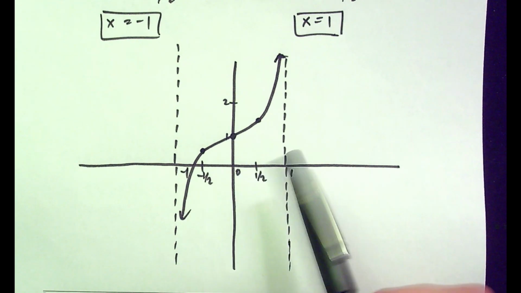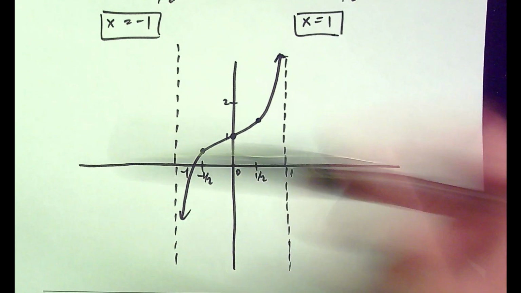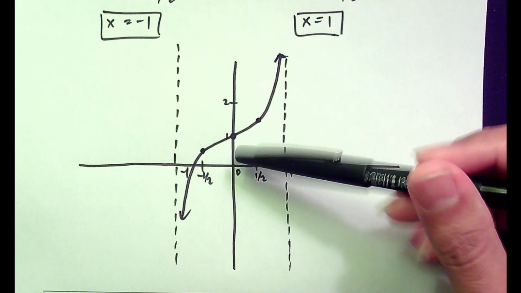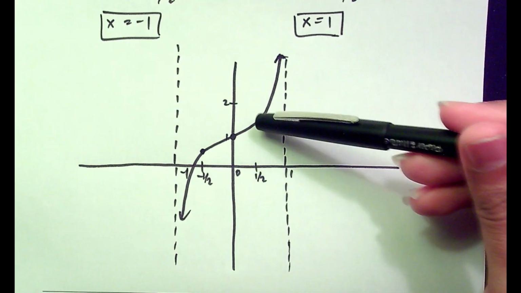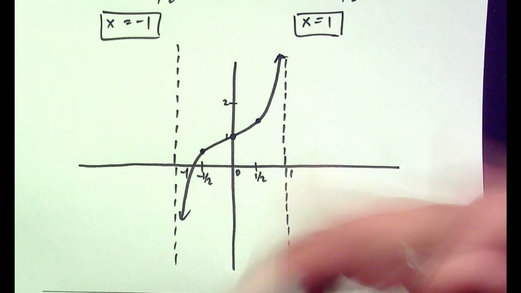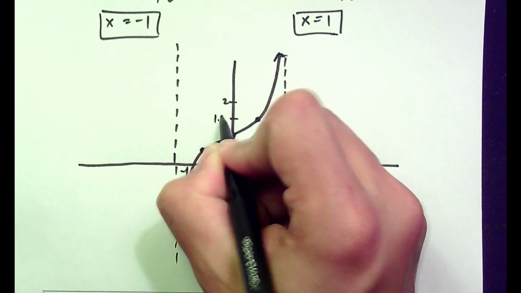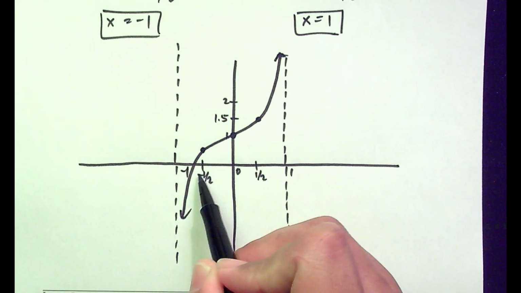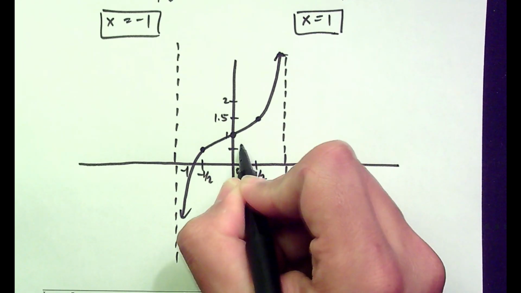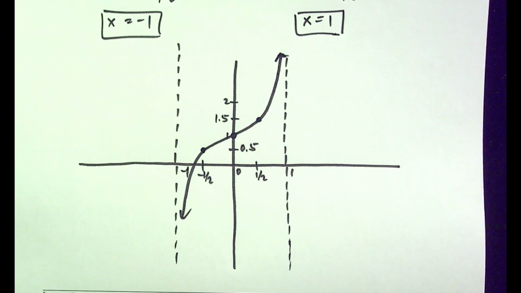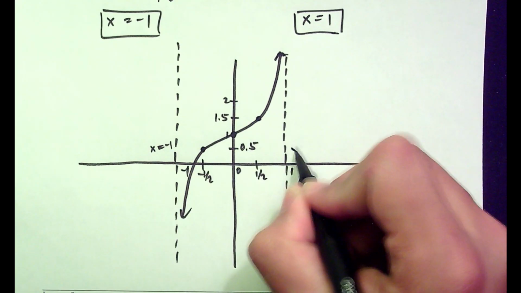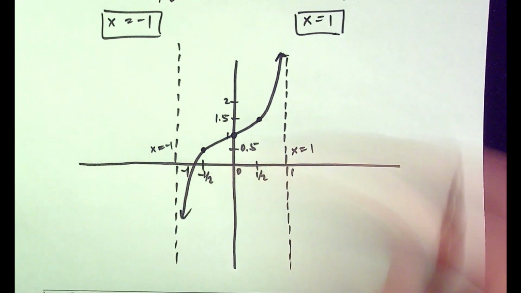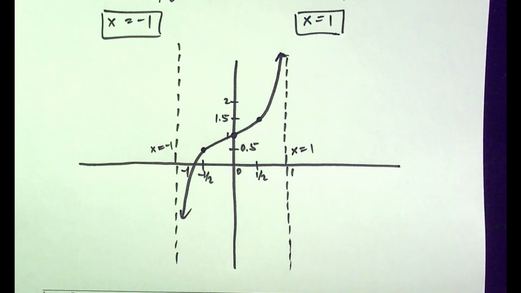Make sure that the graph you choose, in this case, if this was a problem, I would choose a graph that had over 0, the value is 1, over 1/2, the value is 1.5, and over negative 1/2, the value is 0.5. And that it has asymptotes at negative 1 and at x equals 1. So make sure that it matches all those properties, and then you're done.